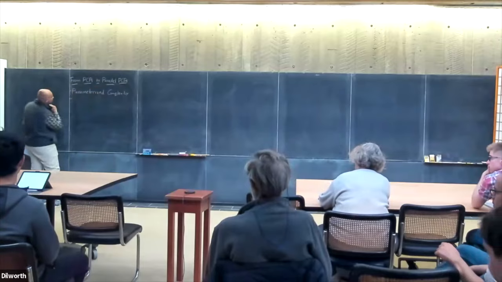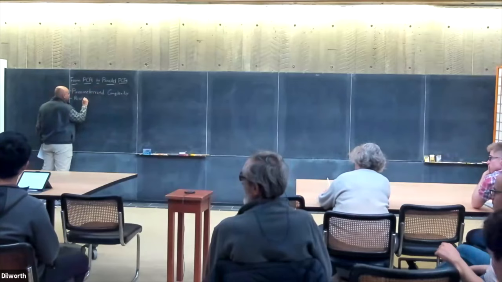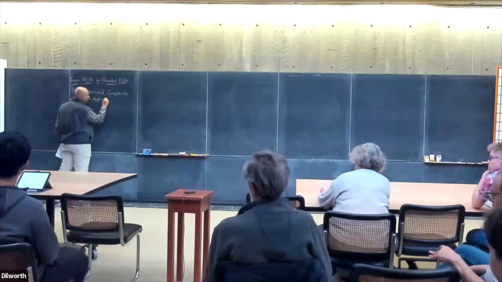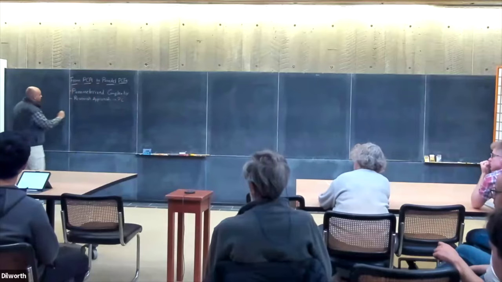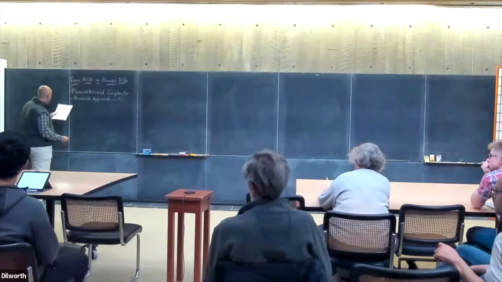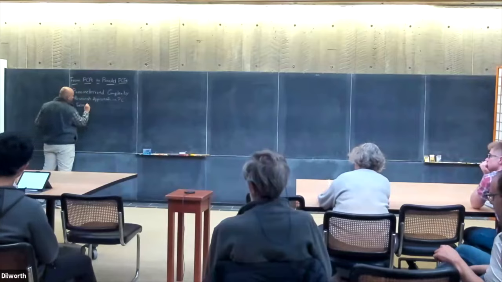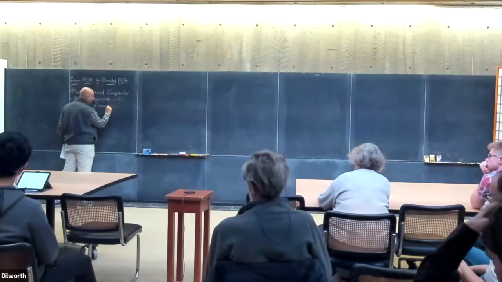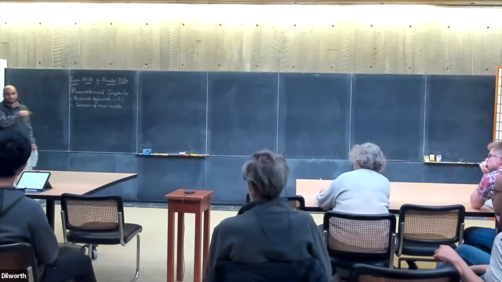Then we'll look at some research approaches on how people typically tackle problems in parameterized complexity. Then some selection of major results, plus my own personal take on these things.